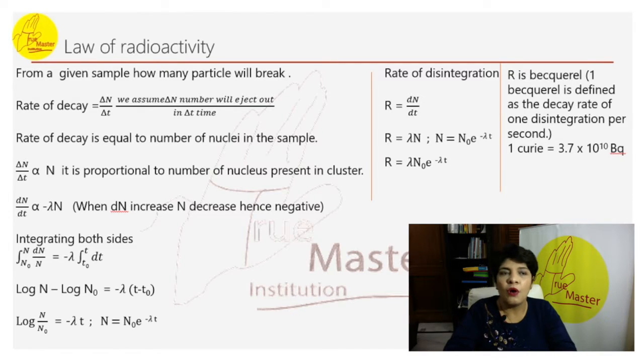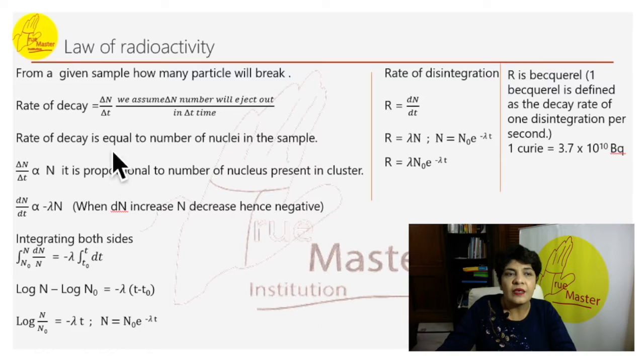Coming on to the law of radioactivity. Here we are going to derive a few equations, like the rate of decay, which is R, measured in becquerel. One becquerel is defined as a decay rate of 1 disintegration per second. So let's start.